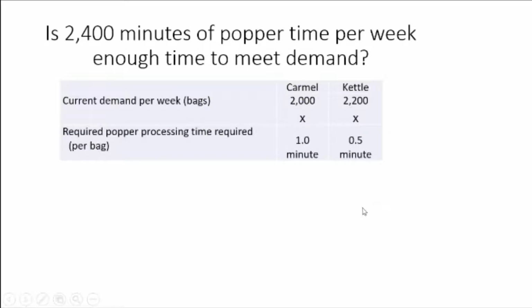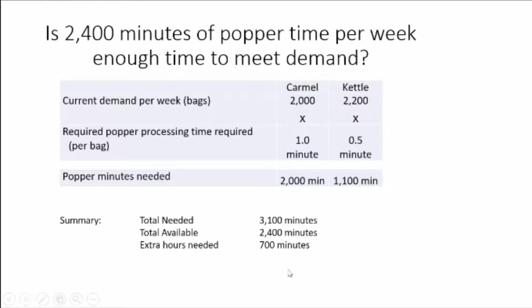Is 2,400 minutes of popper time per week enough to meet the demand? Well, let's take the current demand of the two products and multiply it times the popper processing time required per bag. What we see here is that 2,000 minutes are needed for the caramel corn and 1,100 minutes are needed for the kettle corn.